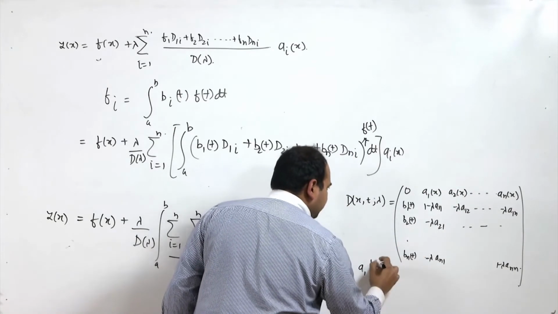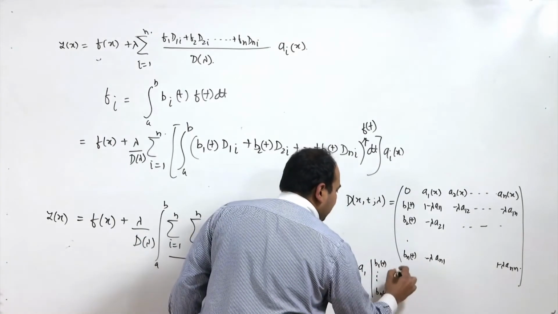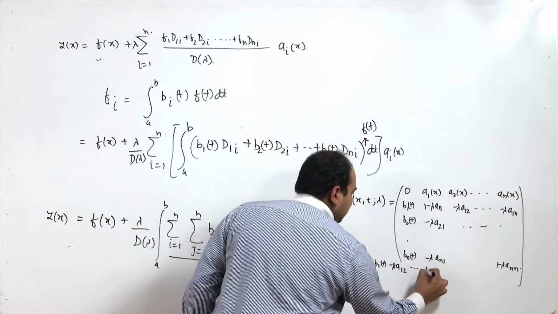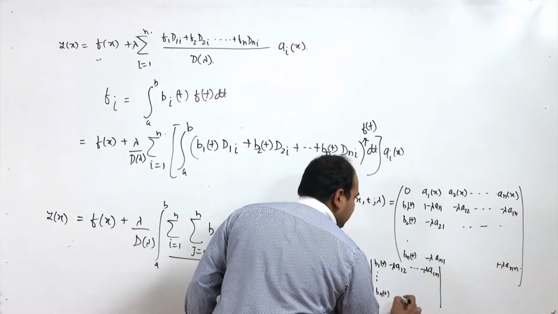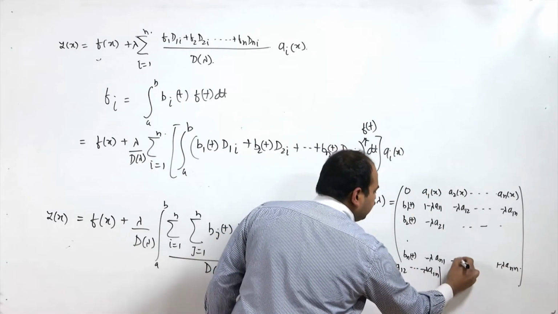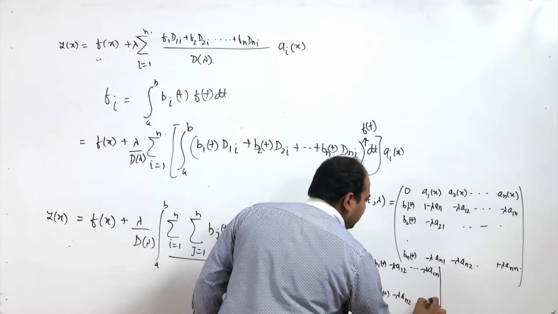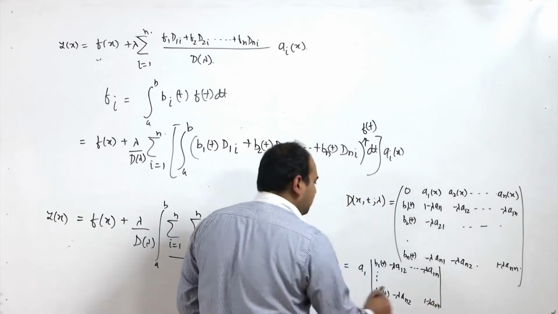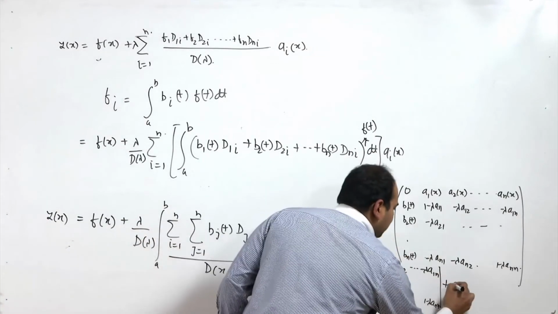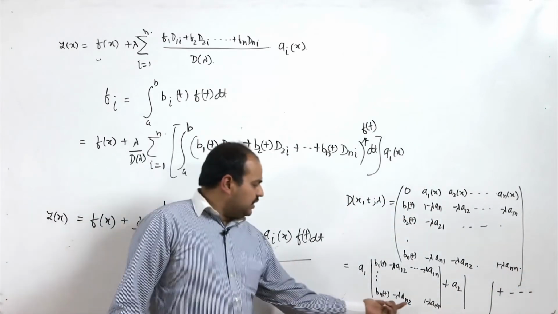So we have the determinant of b1t up to bnt, and here we have 1 minus lambda a12, minus lambda a1n, and so on, down to minus lambda an2 and 1 minus lambda ann. Now plus a minus a2, so here we have a2, and so on, right. Now we try to identify what is written here.